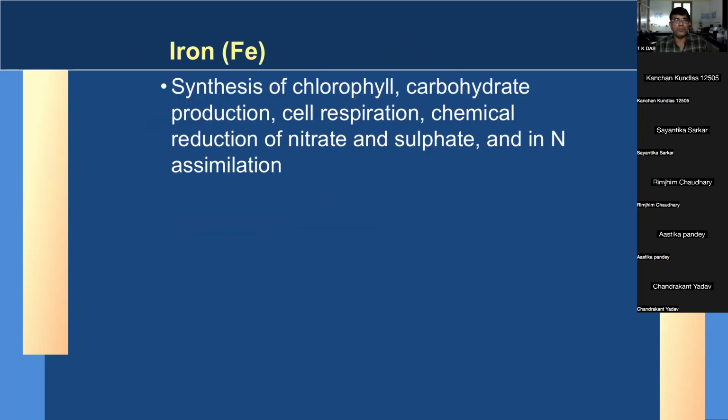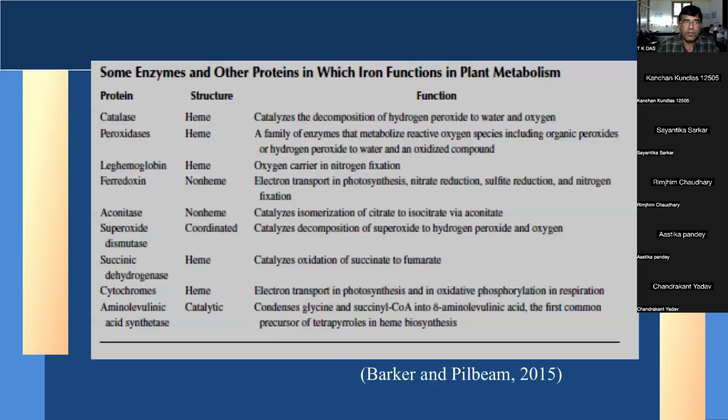We move forward to iron, and it is necessary for synthesis of chlorophyll, carbohydrate production, cell respiration, chemical reduction of nitrate and sulfate, and in nitrogen assimilation or protein synthesis. So a variety of roles are performed by iron. And there are some enzymes and other proteins in which iron functions in plant metabolism, where it is necessarily required.